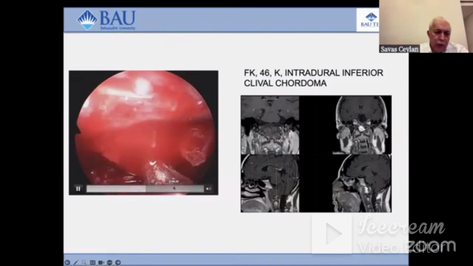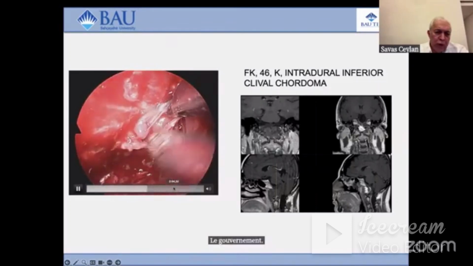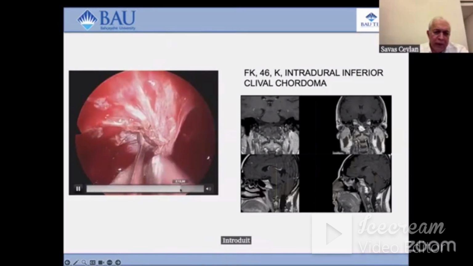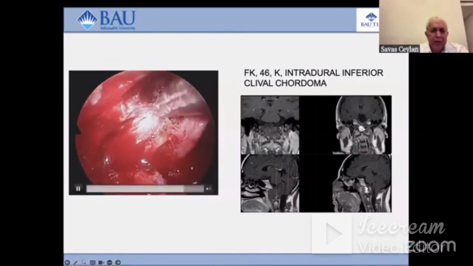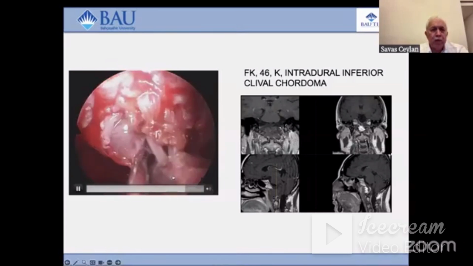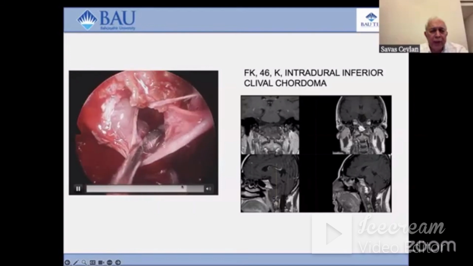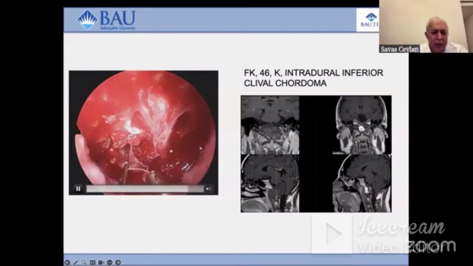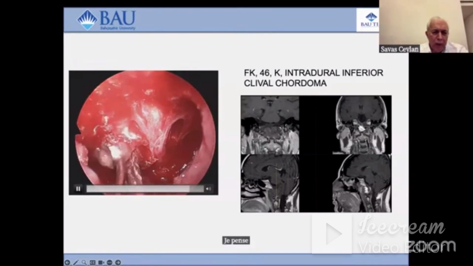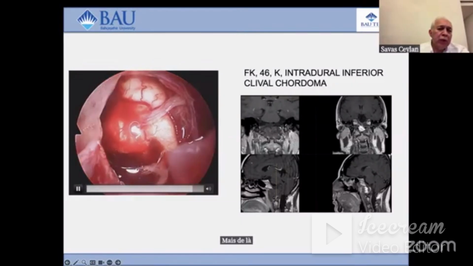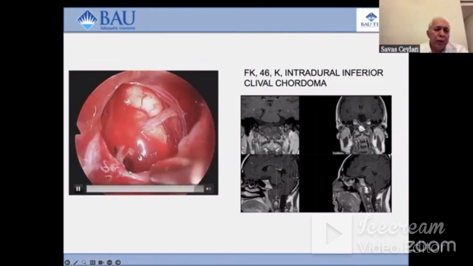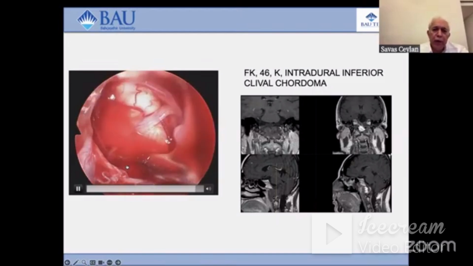We removed all pieces of the intradural tumor components, and at the last stage, the last piece of tumor was removed, and then we reached the pons and medulla. We explored the pons, the medulla, and the lower cranial nerves.